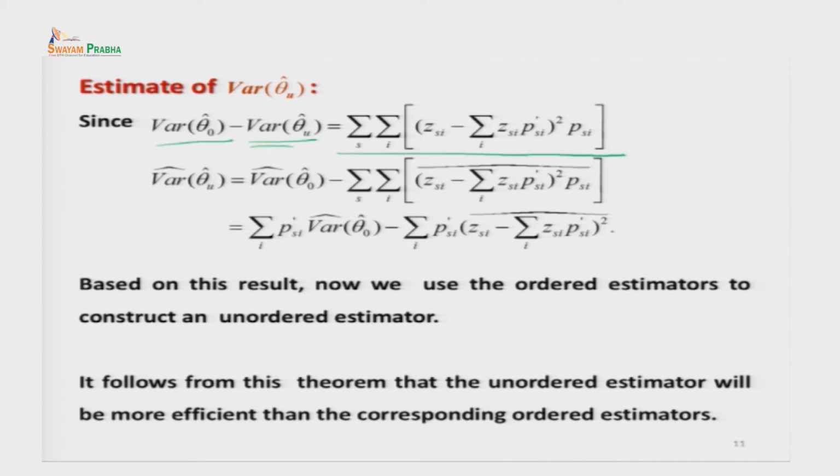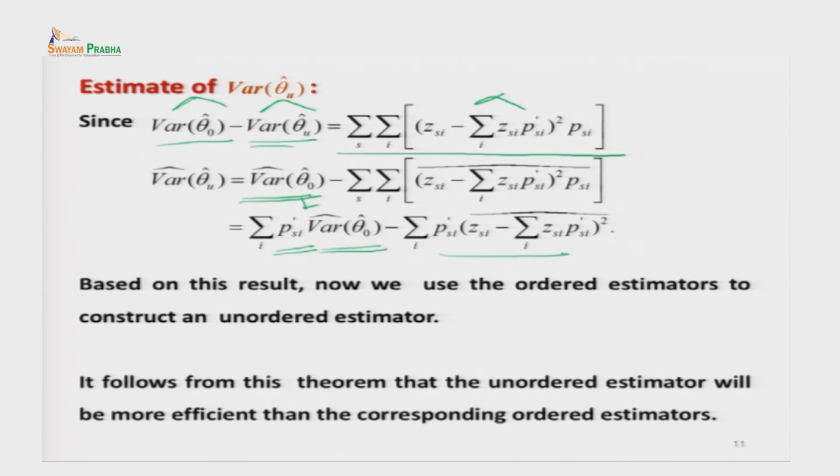So I can simply take the hat over these quantities. So the hat here. Now this one I can see will become the summation over P transpose SI, estimate of the variance of theta hat 0 minus this quantity.